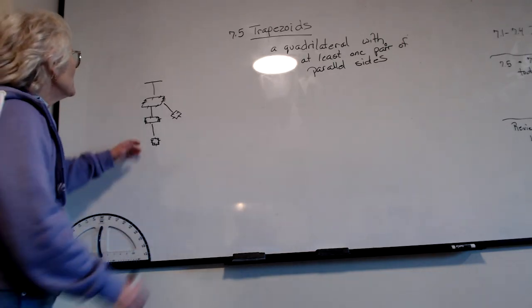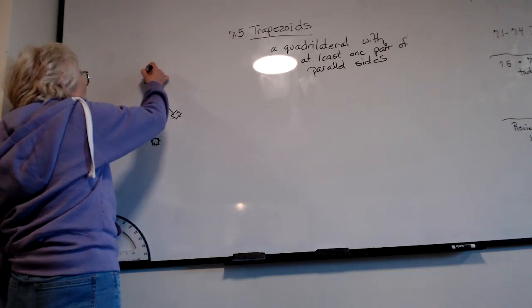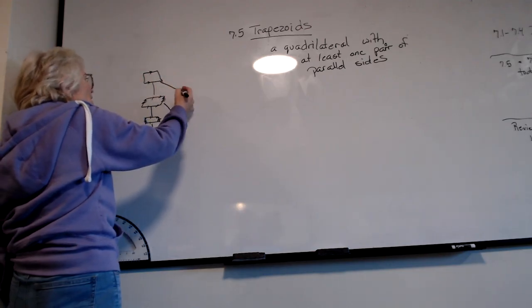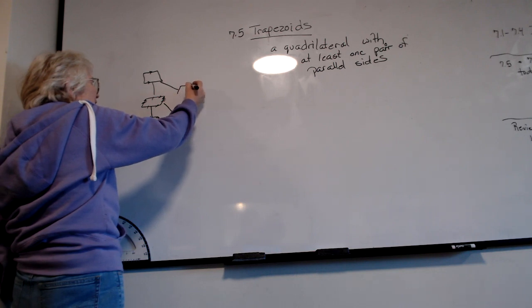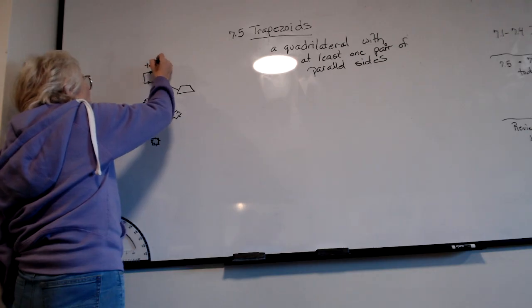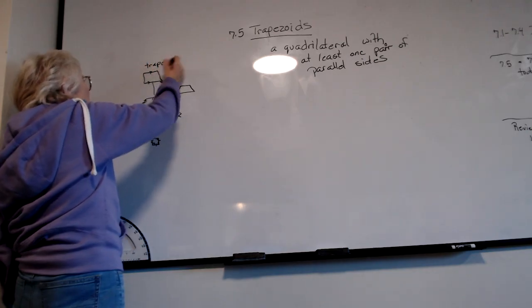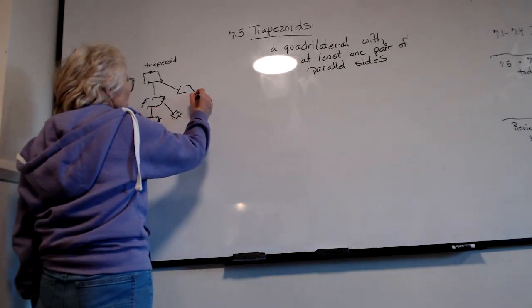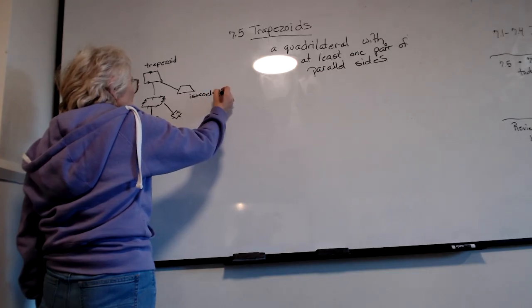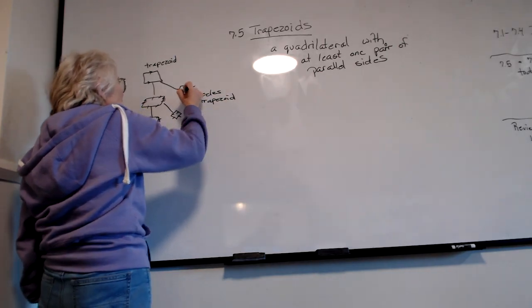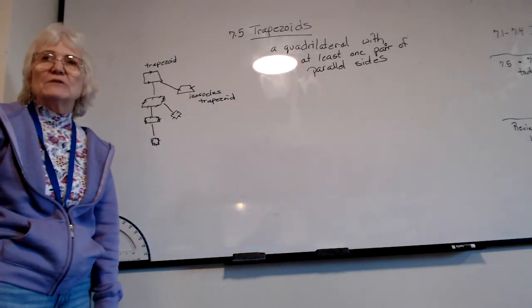So these get more and more specific. We only have to have one pair that's parallel, okay? And we're going to find out there is one other one inside this that doesn't fit into the others. So this is a trapezoid. It just has to have one pair of parallel sides. This one is called an isosceles trapezoid. What's specific about it is the sides that are not parallel are equal.